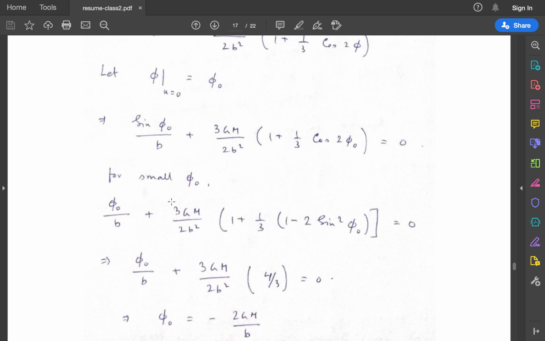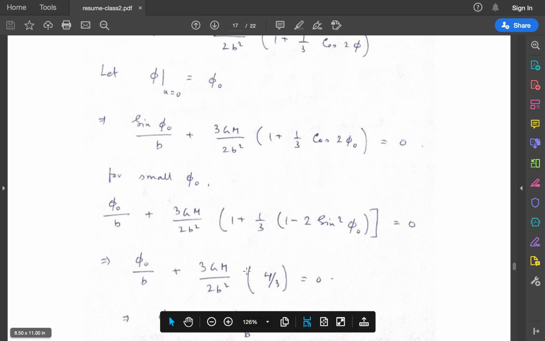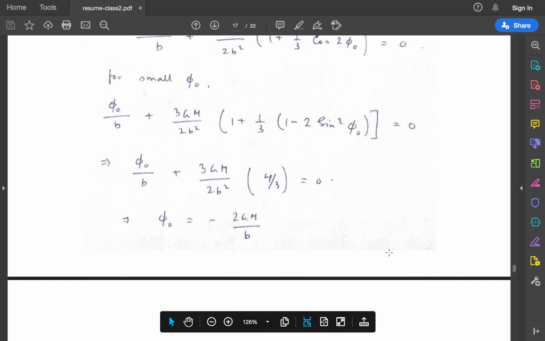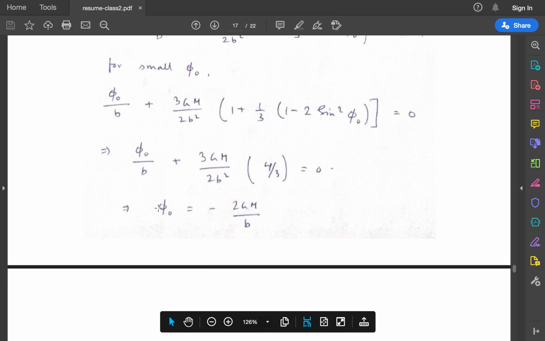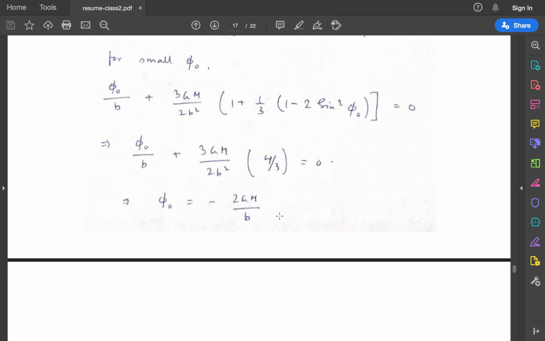And for small phi 0, what we get is phi 0 by b plus 3Gm by 2s b squared. This can be expanded for small phi 0, and assuming phi 0 to be small, we have phi 0 equal to minus 2Gm by b. What does this tell us?